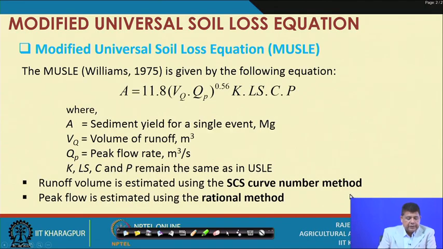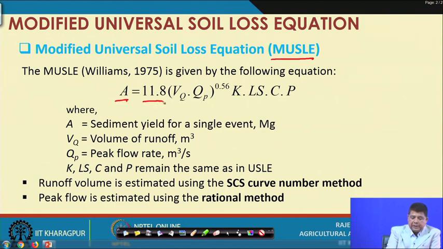This is how the modified universal soil loss equation, or MUSLE, looks, and it is given by this formula: A equals 11.8 (VQ times QP) to the power 0.56, times K L S C P. Earlier we had R K L S C P, where R was the rainfall erosivity index.